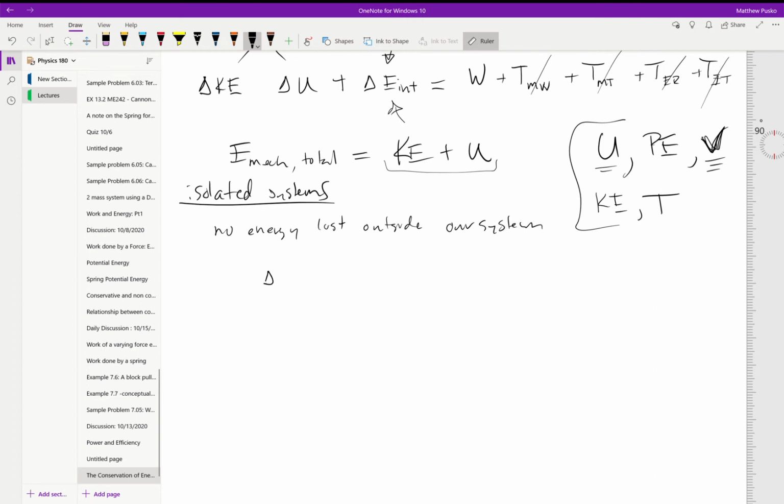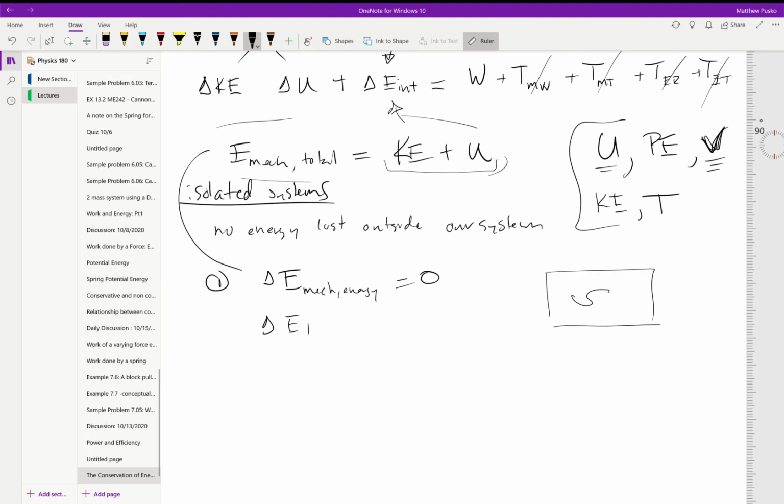then the change in this E right here would be 0. So two things. One, the change in mechanical energy is going to be zero. But since it's an isolated system and nothing is going to be transferred outside the box, we have all kinds of motion going on, but we draw a box around it and say that's our system.